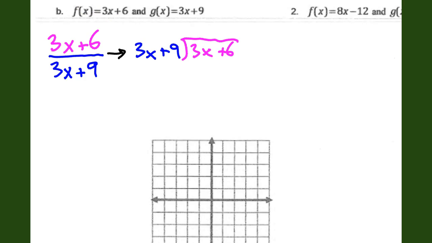There we go. Let's see here. So it looks like it'll be 1, same as before. 1 times the 3x, 3x, switch the sign, -3x. 1 times 9 is 9, switch the sign. Get -9. So this will come out to be 6 minus 9, which is -3.